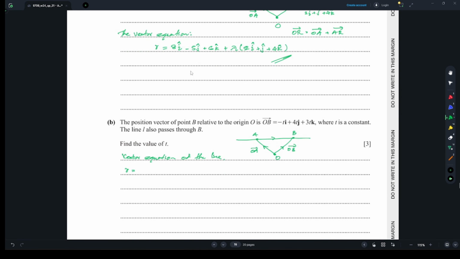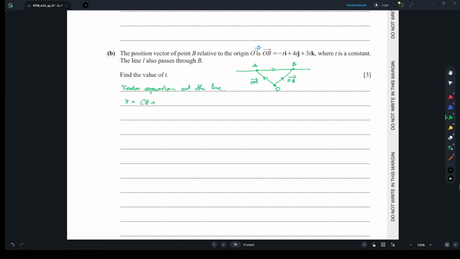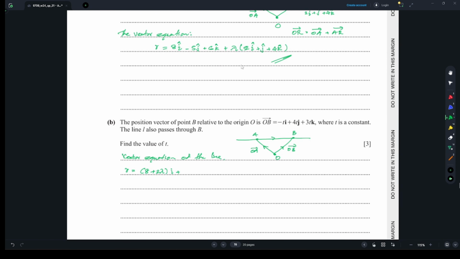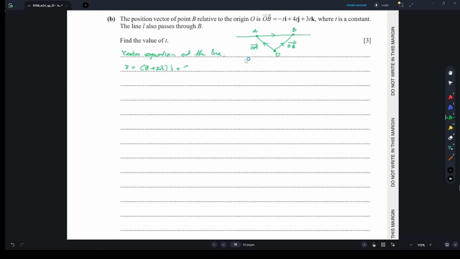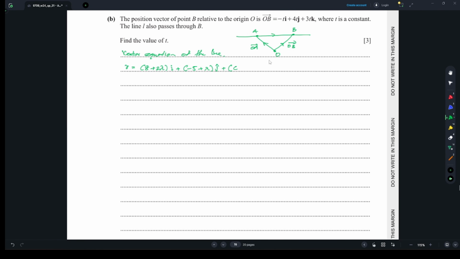The line R equals to. So here I can simplify a bit by considering the i, j, and k components. So I have 8 plus 2 lambda i, plus minus 5 plus lambda j, plus 6 plus 4 lambda k.